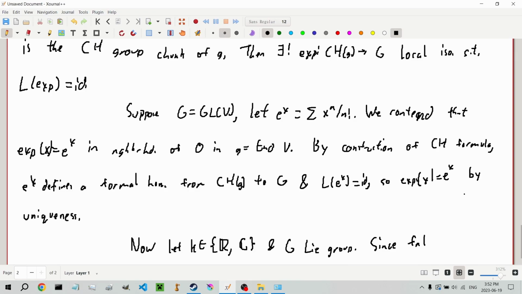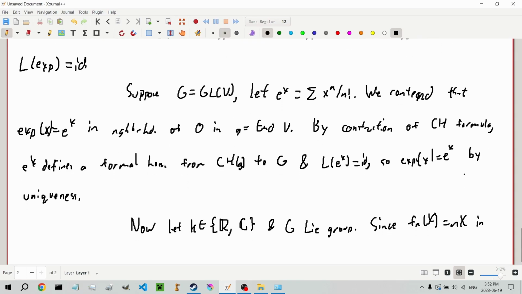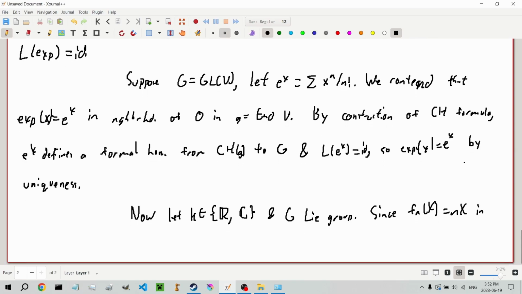Since the Campbell-Hausdorff group chunk of G is defined, we can extend the exponential to all of G.